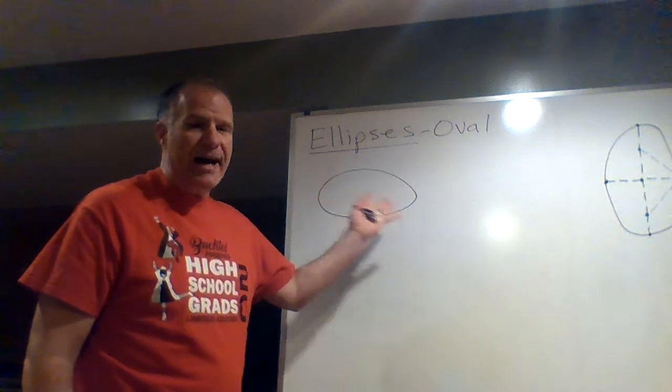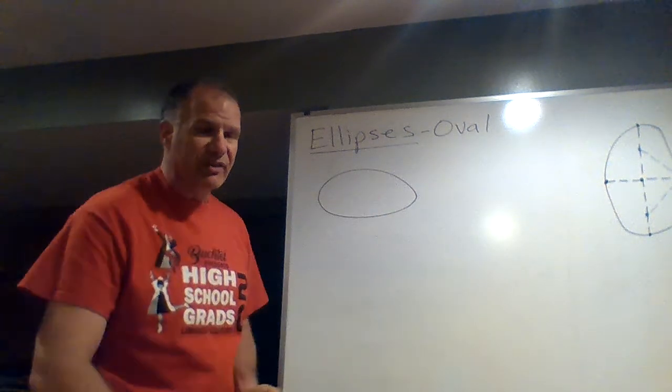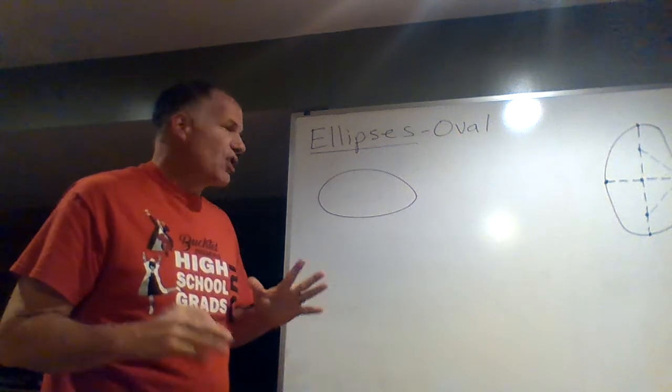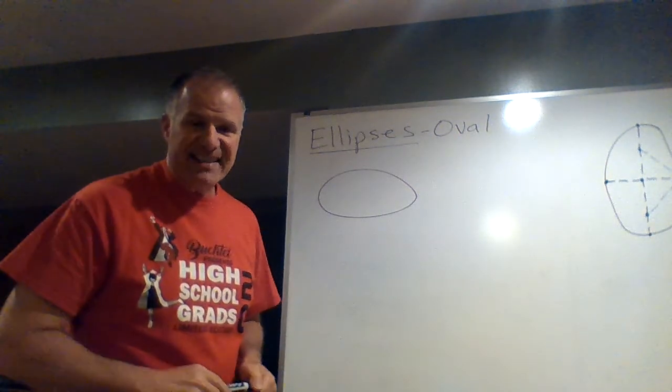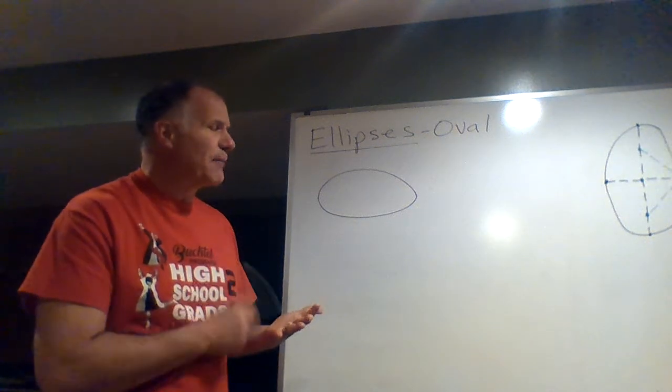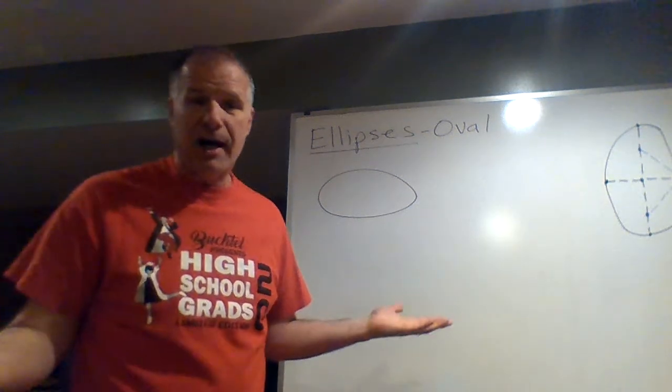Obviously, there are just mathematical facts on this, but a lot of the practical uses of ellipses are reflecting light or reflecting sound. I don't know if any of you guys have ever been to Blossom Music Center for a concert.